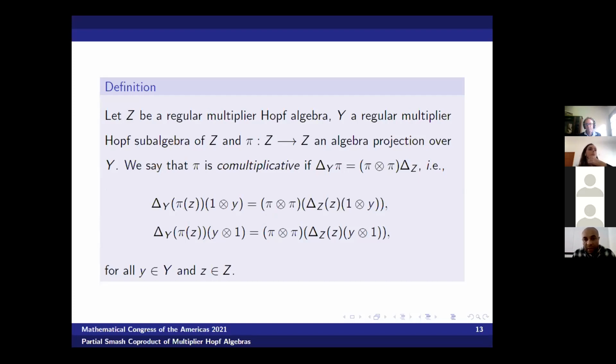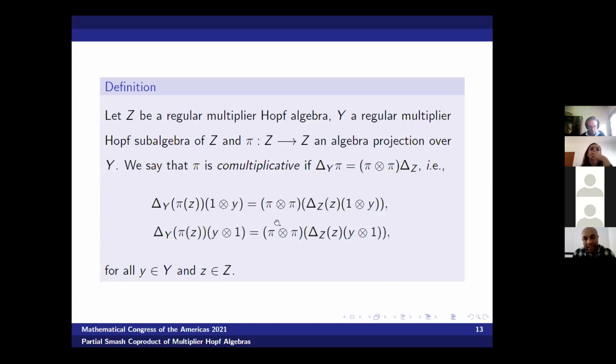But we are not dealing with unities here, so we use the idea of projections that are the same in some sense. Here we consider a regular multiplier Hopf algebra and a regular multiplier Hopf subalgebra. And here we define a projection. We consider a projection, and we take the definition in this context of commultiplicativity.